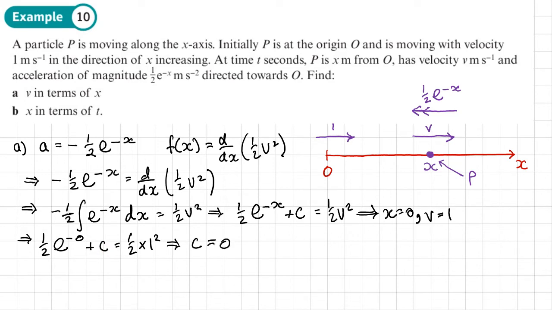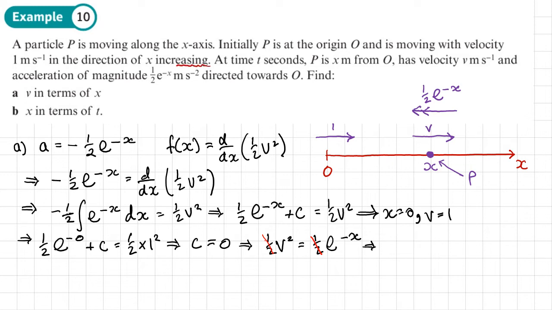So our full expression for half v squared is equal to half e to the minus x, and there's no plus c. Let's multiply both sides by 2, so the halves cancel out. We square root both sides. Do we need a negative square root?